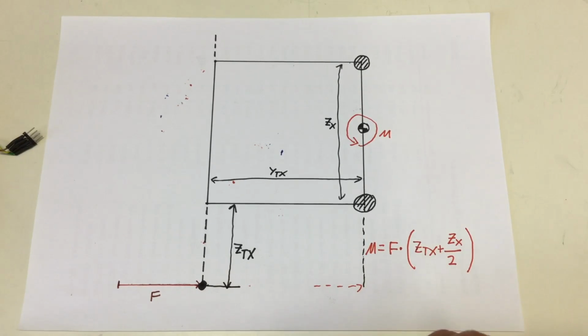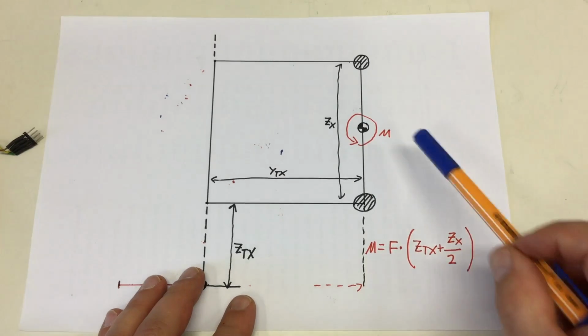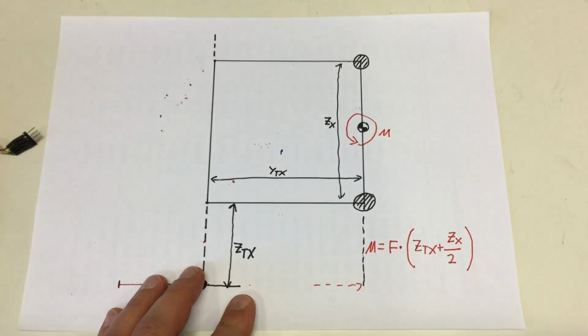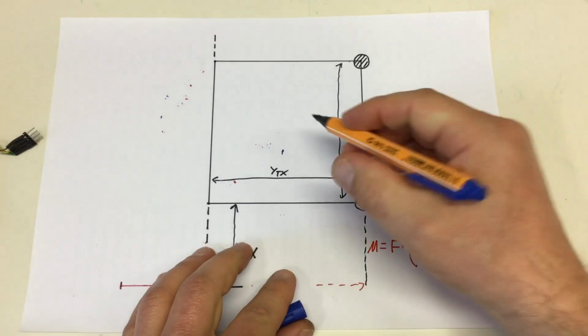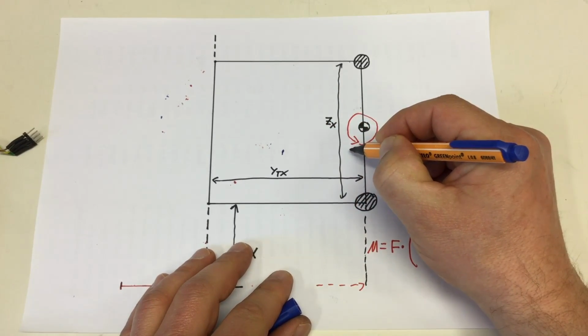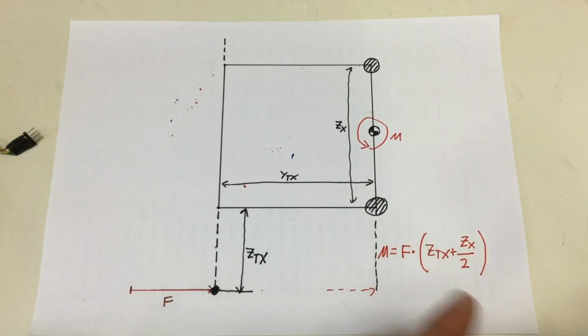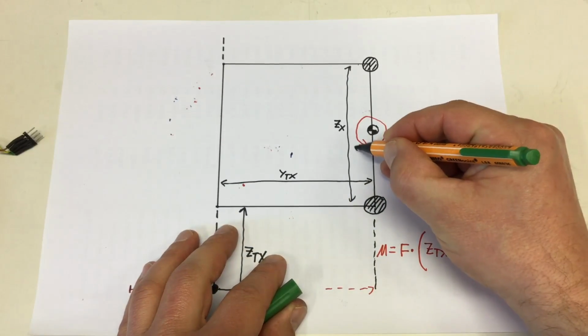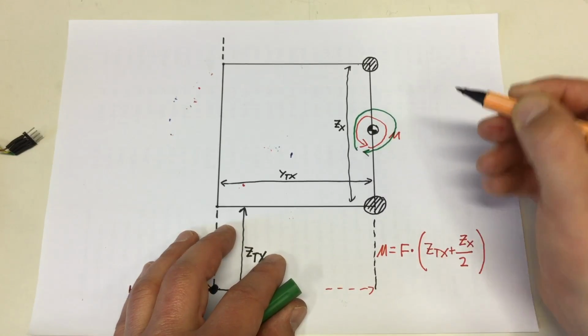Simple enough. Now we have to counter this momentum in the opposite direction. So we want to create, take another color, a counter momentum this way around.